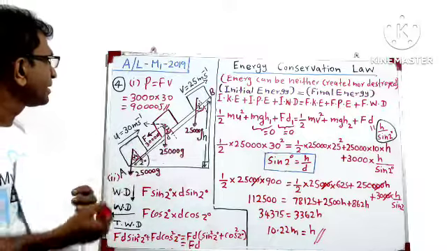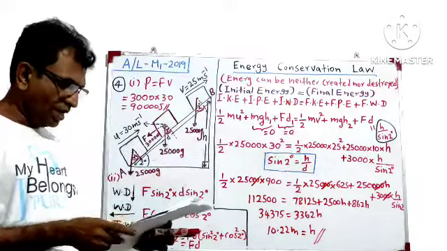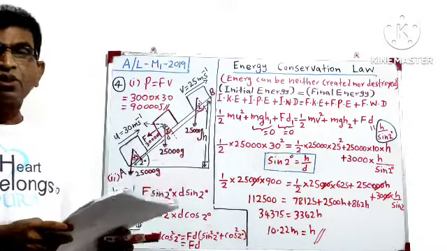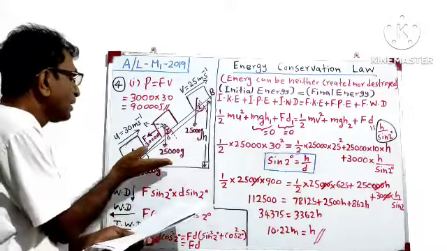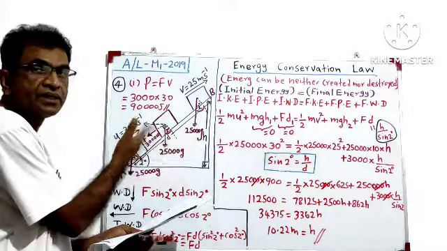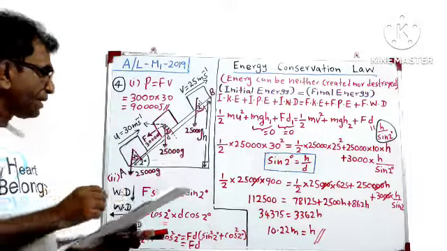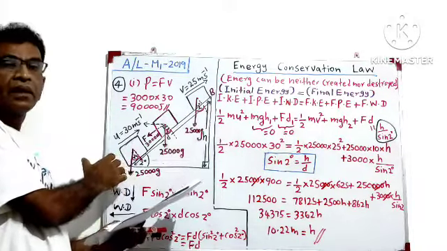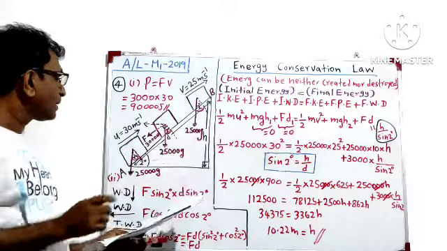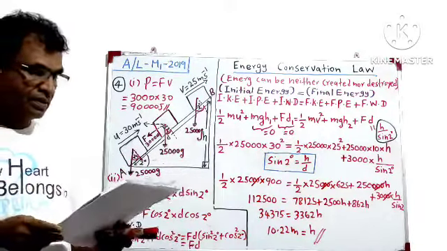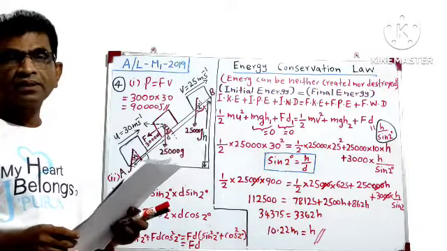Now you can see, this is the slope, inclined at 2 degrees to the horizontal. At the starting point of this hill, what is the speed of this lorry? 30 meters per second.